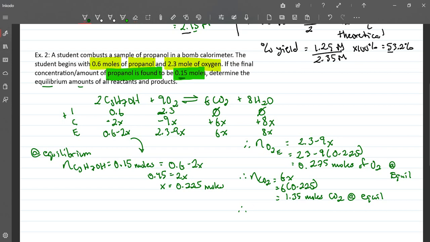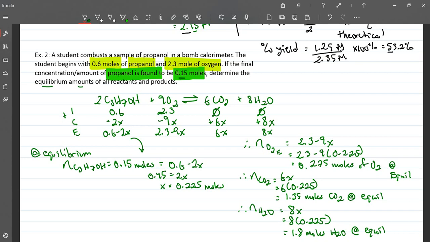Okay, number of moles of water at equilibrium is 8x. That's our expression. Plug in our now known value for x. It gets 1.8 at equilibrium. And that's it.